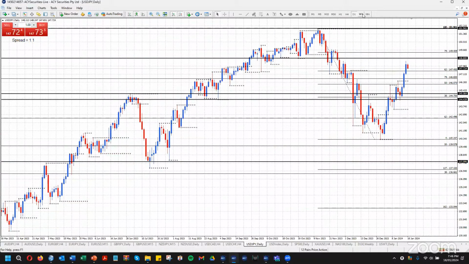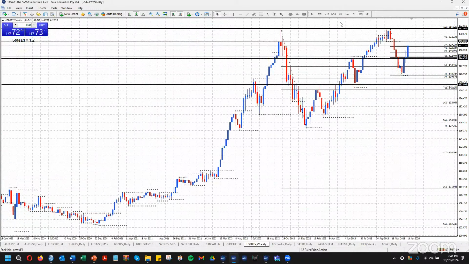All right, dollar yen. For weeks I've been discussing this double top, this weekly reversal, looking to see if we could come up to this resistance level. Could we come up to the 79% level? Maybe we can or we can't, 149.40. We've been a little bit short of 148.80, the weekly resistance level in there.